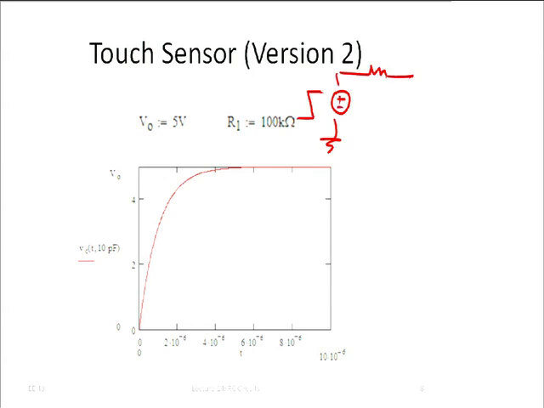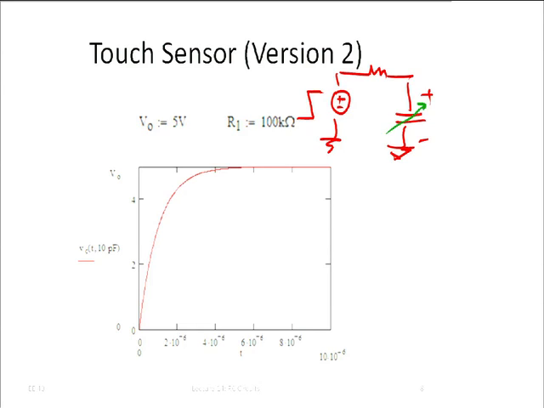Okay, so now suppose that this guy here is actually a touch sensor. It's a capacitor that, if I put my finger on top of it, the value increases because our finger is made out of water. Sorry about that, right? But just water, big bags of water. So what's going to happen?